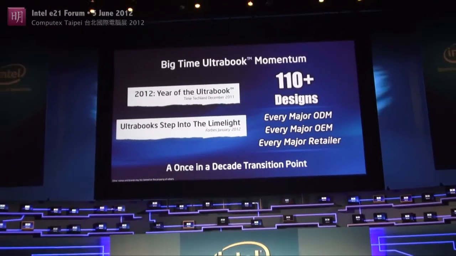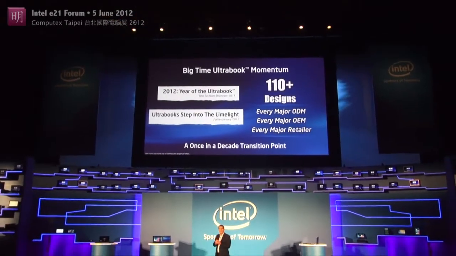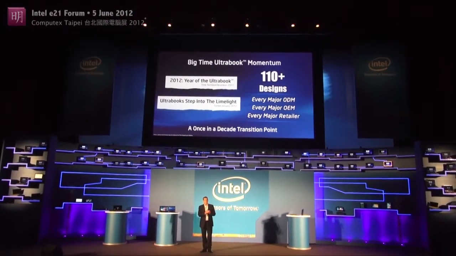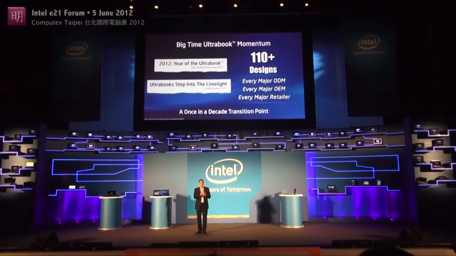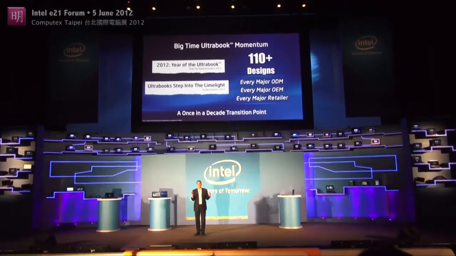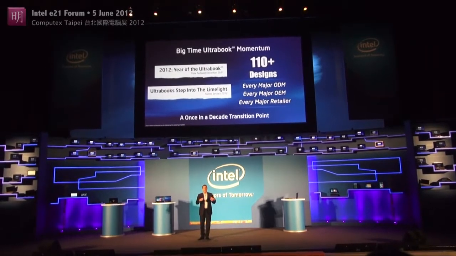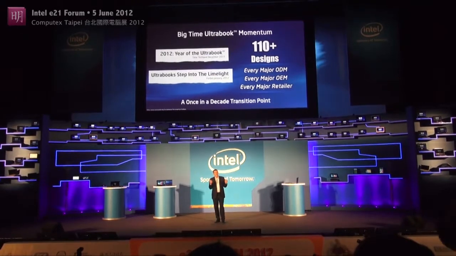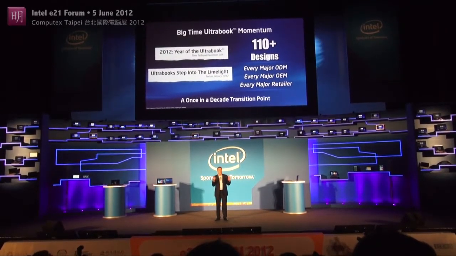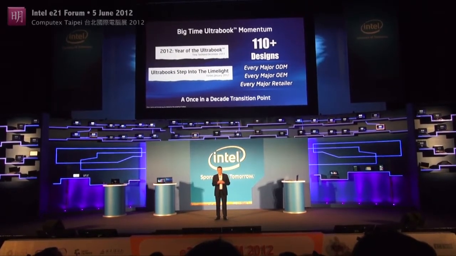The point here, you can see the headlines, but every major ODM, every major OEM, and every major retailer across the world is embracing Ultrabook. For all the reasons we've talked about before, but we'll talk about again. There is tremendous momentum and excitement around Ultrabook.